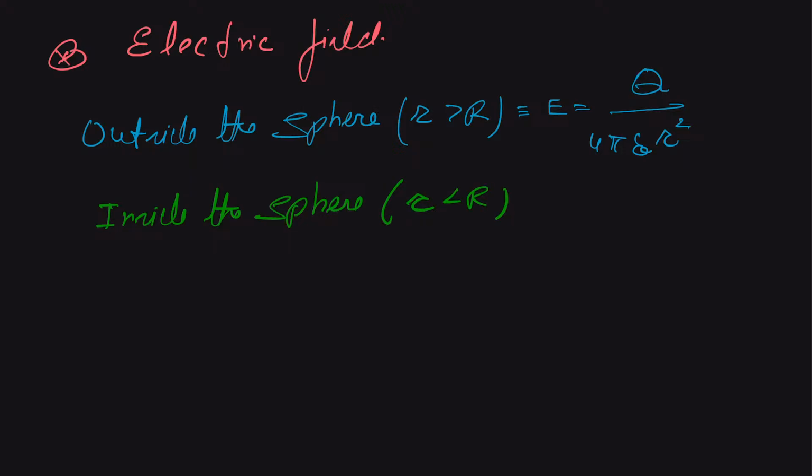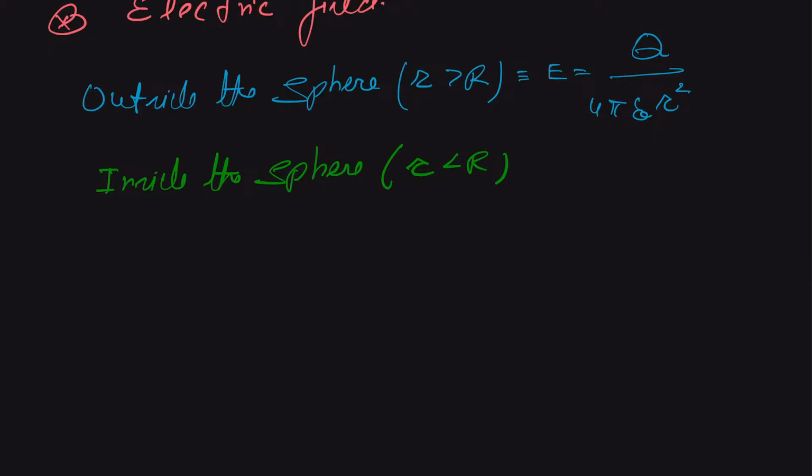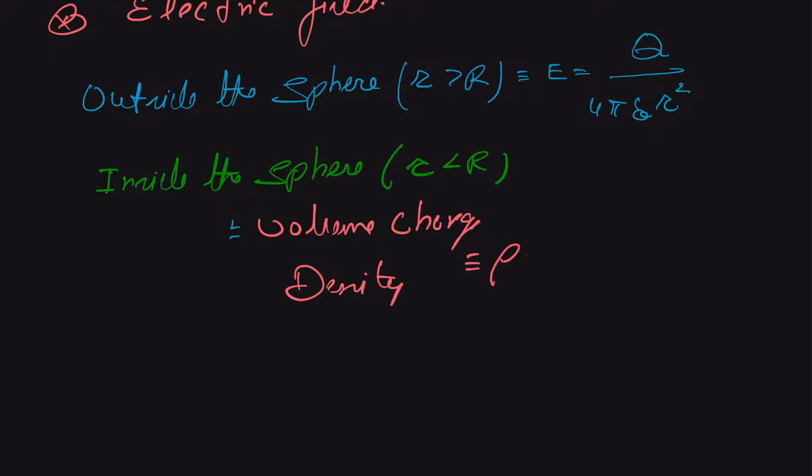For that, we first need to find the volume charge density. That is rho, which will be equal to Q over 4 by 3 pi R cube, the total charge over the volume.